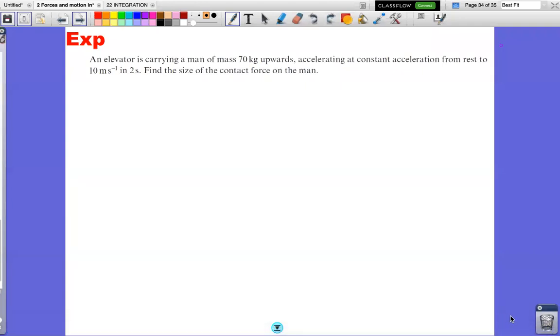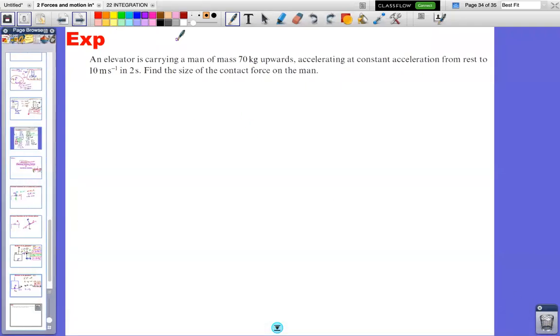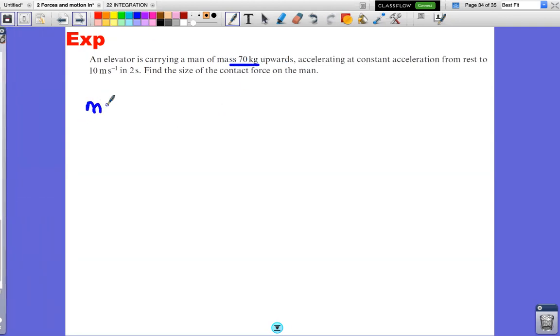The first problem says that an elevator is carrying a man of mass 70 kilograms. So mass is 70. It's accelerating at constant acceleration from rest to 10 meters per second in 2 seconds.